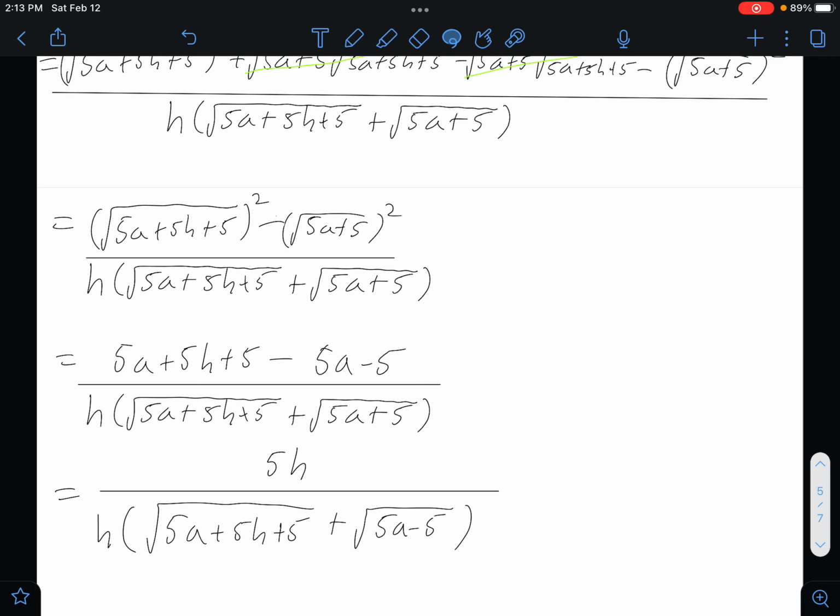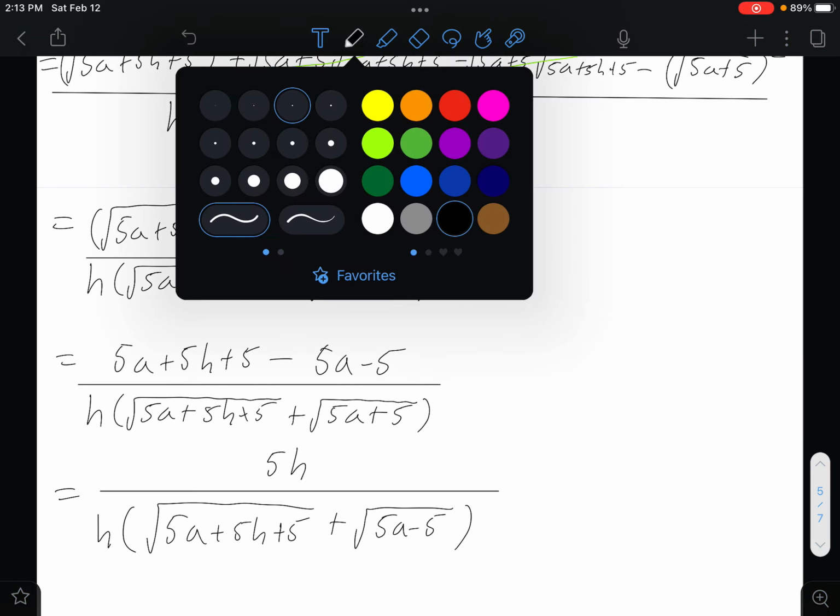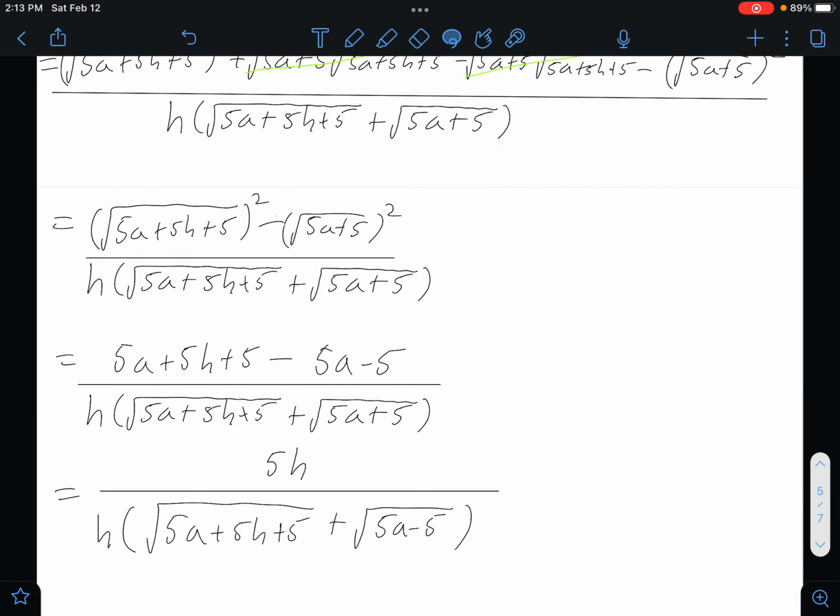In addition to that, let's use this here. This is a minus sign, which is going to have to get distributed into here. That's why this becomes a minus 5a, and that's why this becomes a minus 5, right? So remember that after you square this, there's still a minus sign in front of this polynomial.